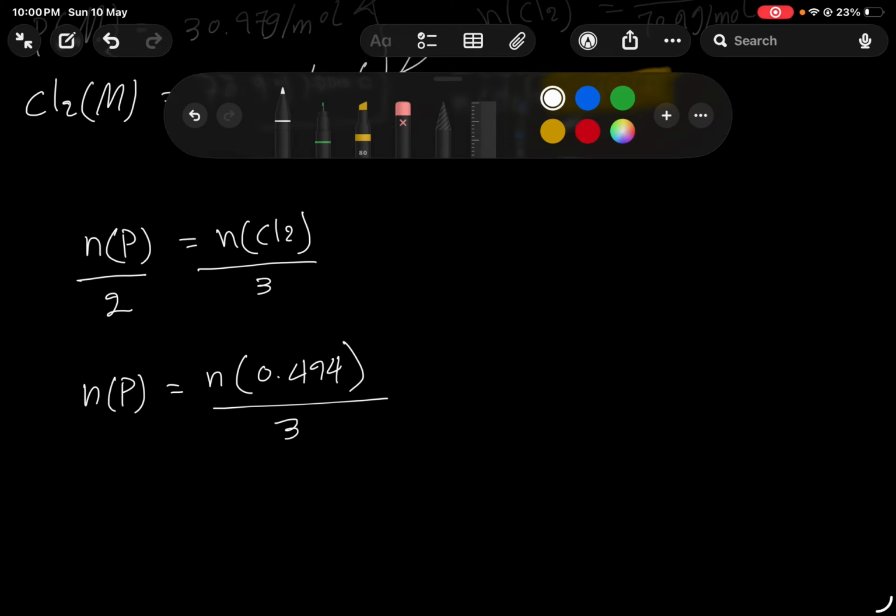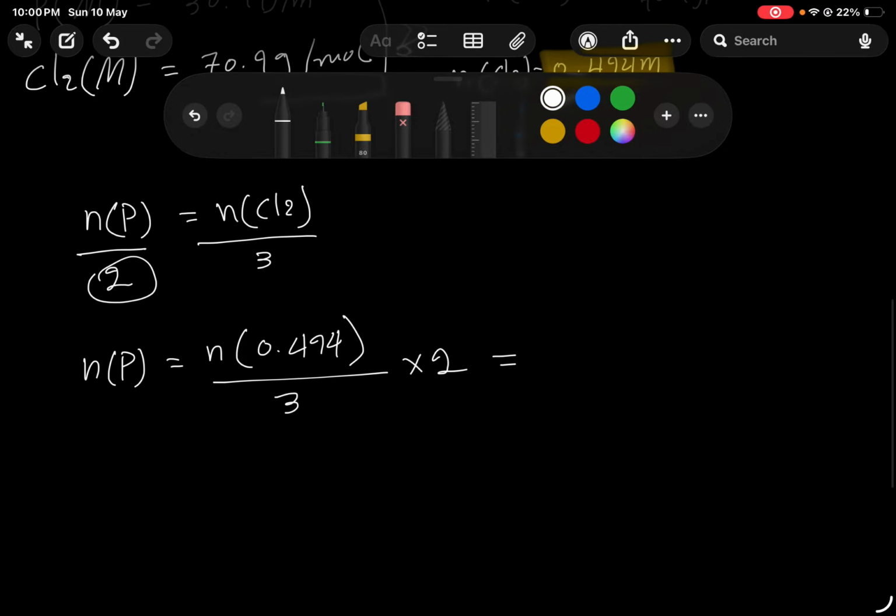Because we're using n of P here, we're going to move this in here, so this is going to be times 2. Now if we put this in the calculator, we'll find that the mole of P will be 0.329.